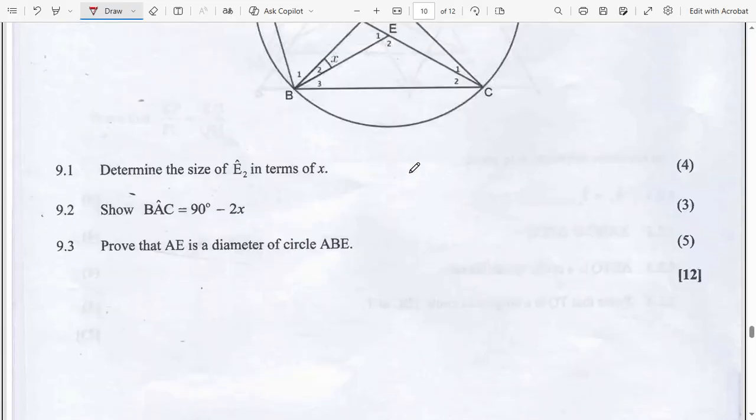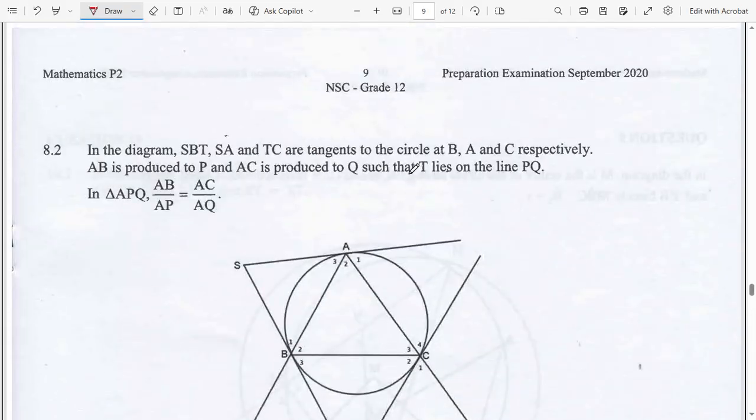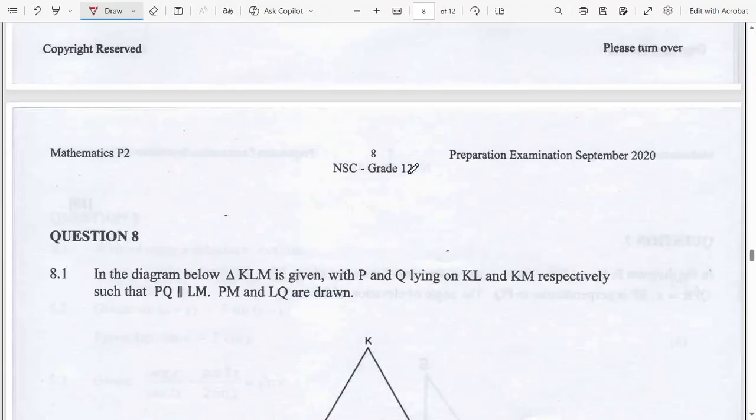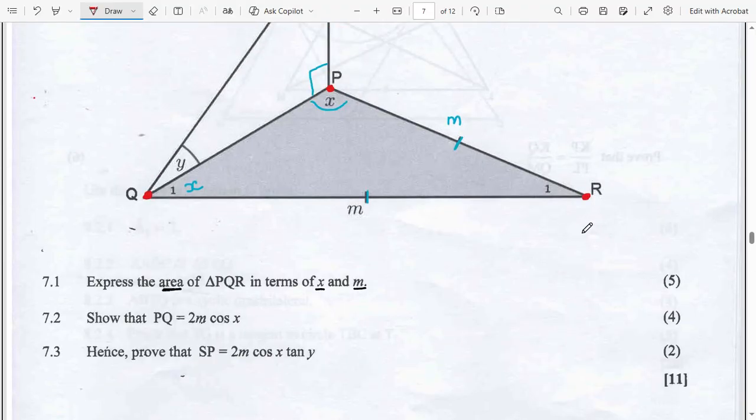Okay, so let me go back to my triangle and see what I have. Then I need to write down the correct formula. So now I have M, which is this side, that's M. And then I also have this side here, it's M. So these are the only two sides that are given. So I am forced to use this angle.